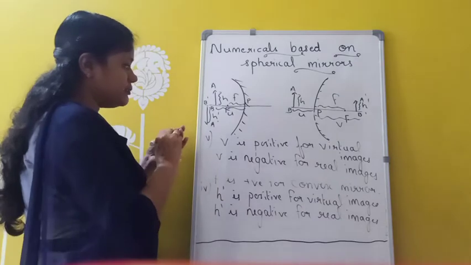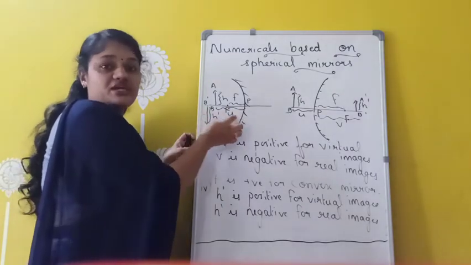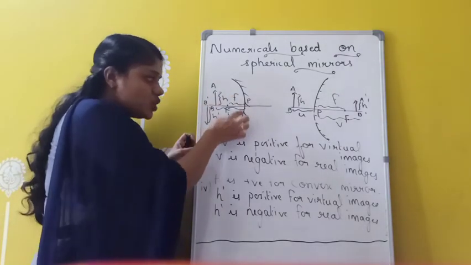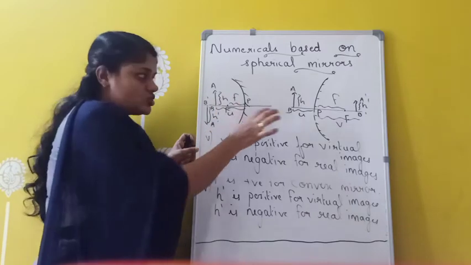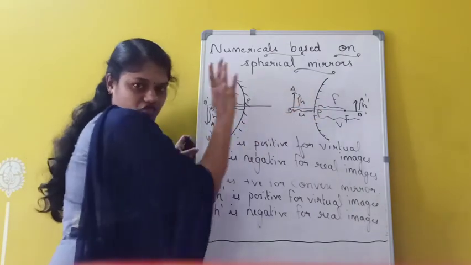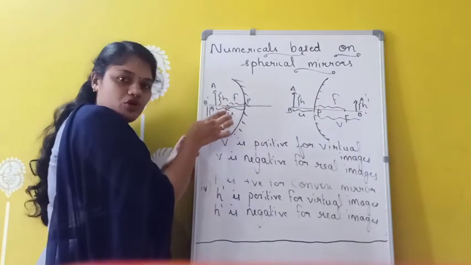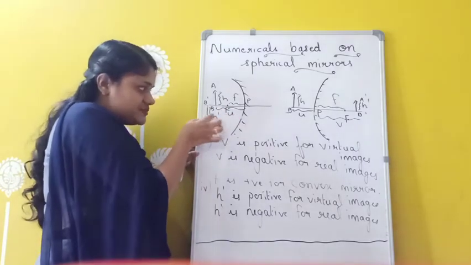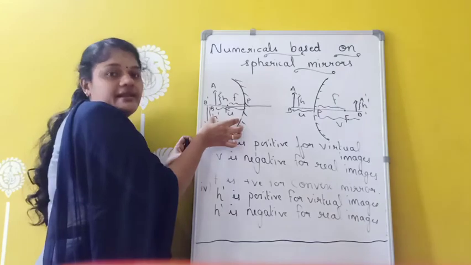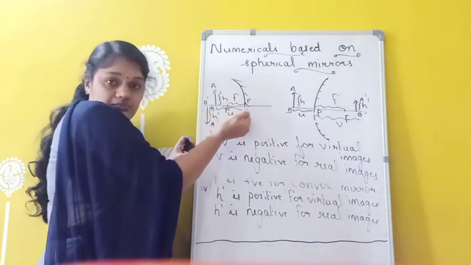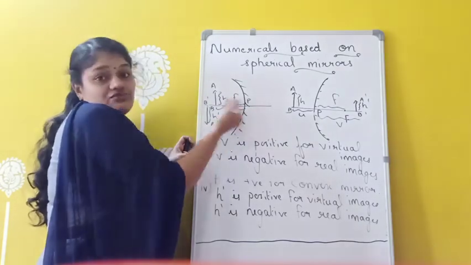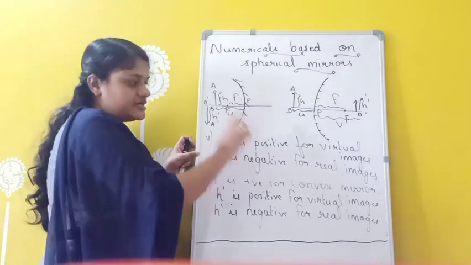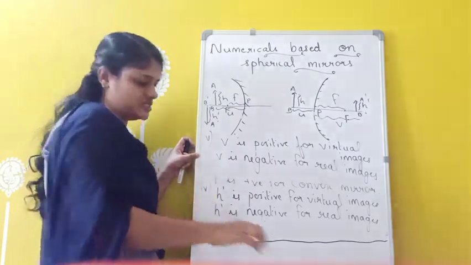See here, real images we always get only on the left hand side. So only the concave mirror can form real images. Convex mirror always forms virtual images. So real images can be produced only by concave mirror, and whenever we are getting a real image, this V distance will be negative because we are measuring towards the left hand side of the pole. So V is taken as negative for real images.